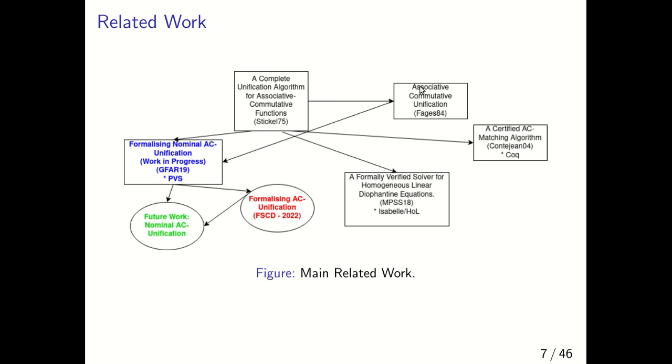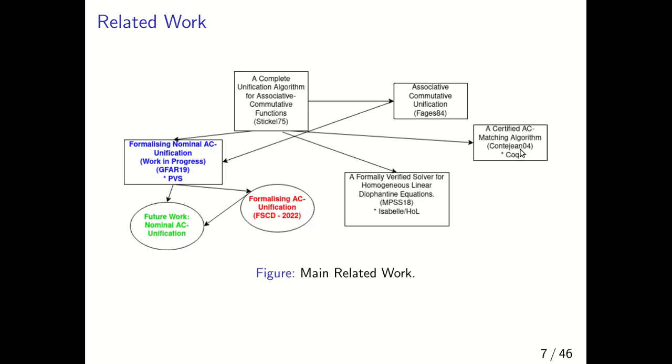However, Stickel's paper contained a flaw in the proof of termination. Fages discovered this mistake almost 10 years later in this paper, Associative-Commutative Unification, and he gave a fix for that. Although there is no formalization yet of AC unification, our formalization was the first.